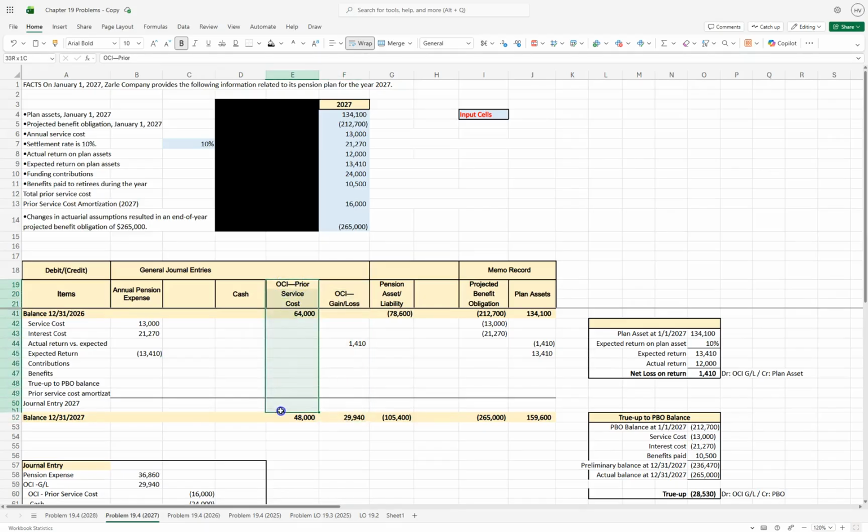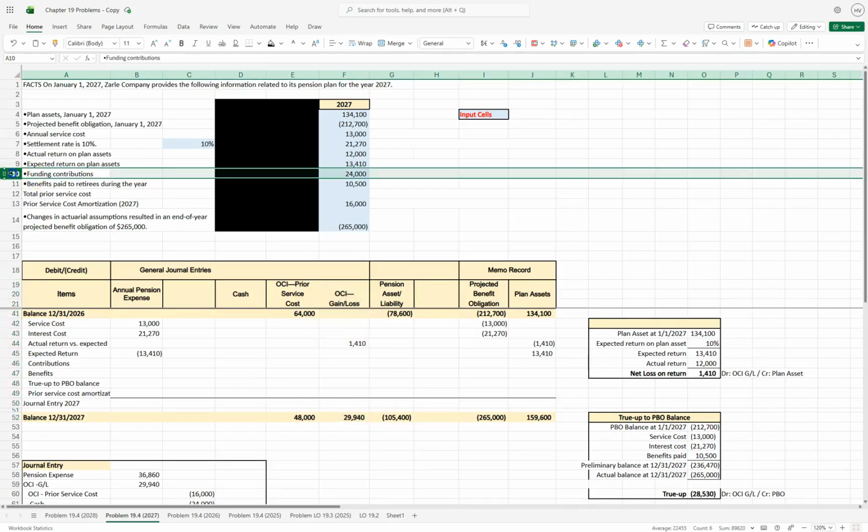We had this OCI related to prior service costs from rolling forward from 2026, but now in 2027, I've added this new column, also OCI, but specifically for the gain loss components. And we will need that if we need to record a corridor, to see if we have a corridor amount versus our accumulated OCI related to gain loss. But that's going to be beyond the scope of this pension worksheet, but that's why it's important to separate the two OCIs within your worksheet.